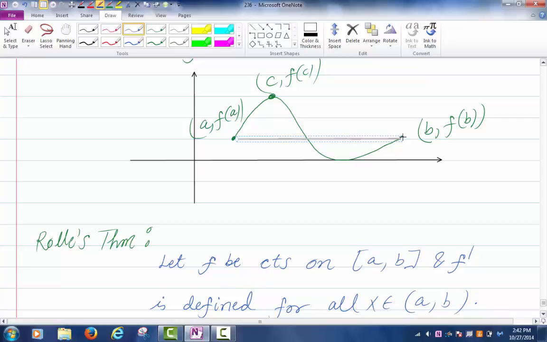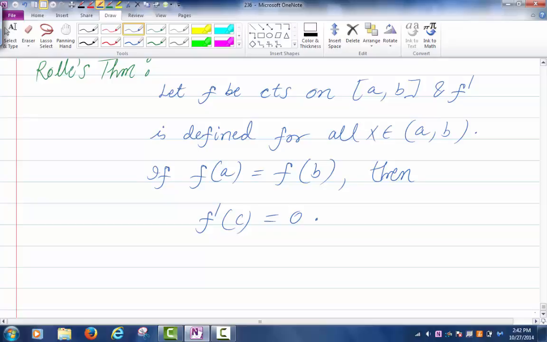Am I making sense? So if the function has the same values at a and b, then there must be a point c where the tangent line is horizontal.